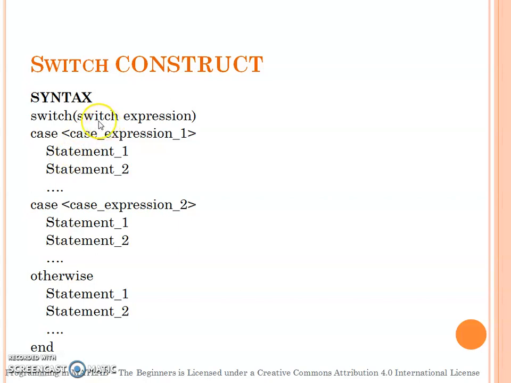If the switch expression matches any of the case expressions, then that particular code block will be executed. If the switch expression does not match any of the case expressions, then whatever code block is available in the otherwise section will be executed.